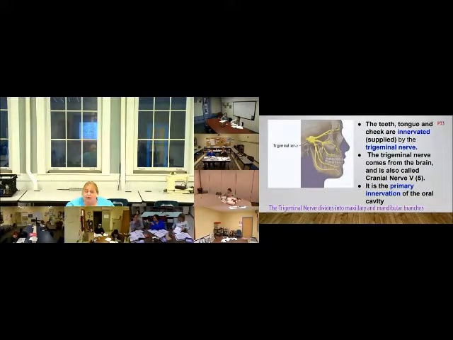The trigeminal nerve divides into maxillary and mandibular branches. So there is a branch of the trigeminal that supplies the upper teeth and a branch that supplies the lower teeth. And so the key to nerves for the teeth is to know where you're at.